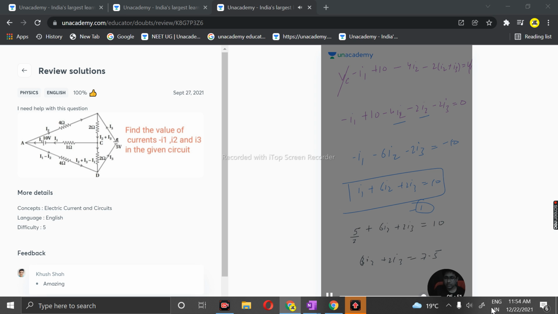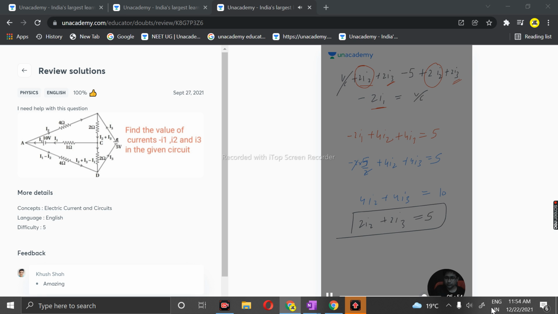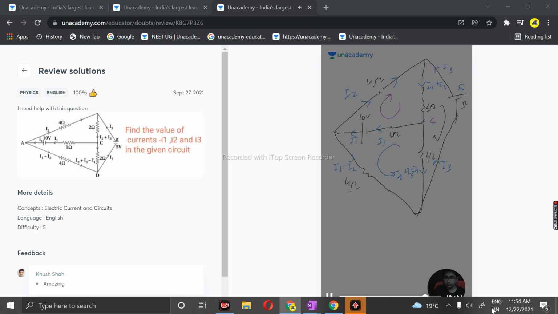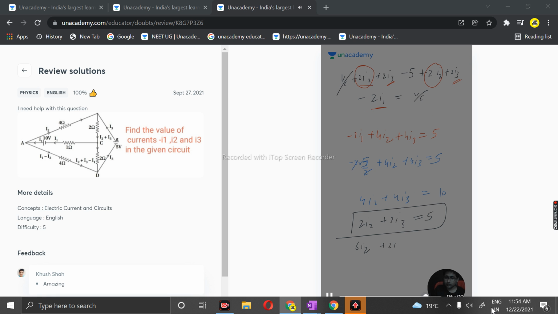This is one more equation we have: 6I2 plus 2I3 is equal to 7.5, and the other is 2I2 plus 2I3 is equal to 5. Subtracting, 2I3 gets cancelled out, and 6 minus 2 is 4I2 is equal to 2.5. So I2 is 2.5 by 4, which is 0.625 ampere.